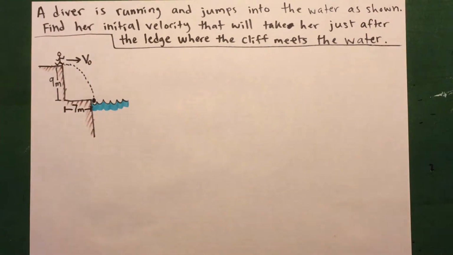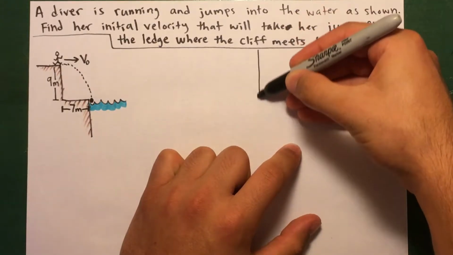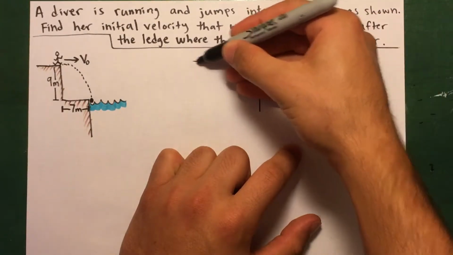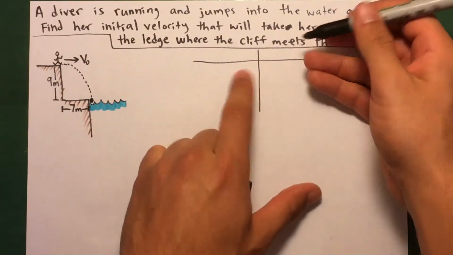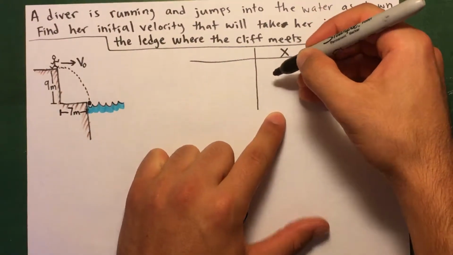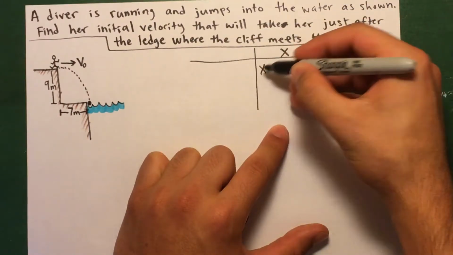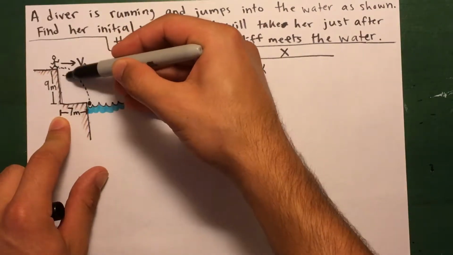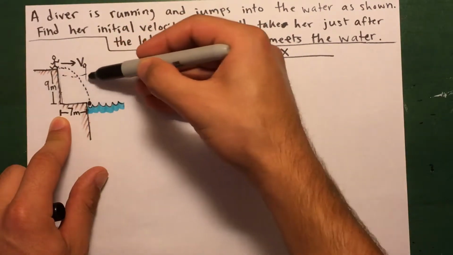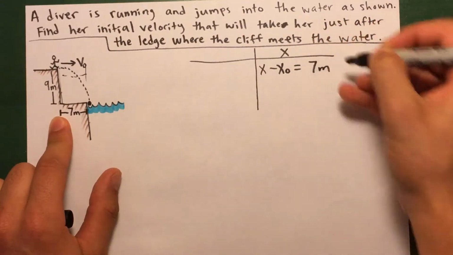To begin, let's jot down what we know in terms of x and y. For x, the displacement is 7 meters from where she starts, so x minus x0 is equal to 7 meters.